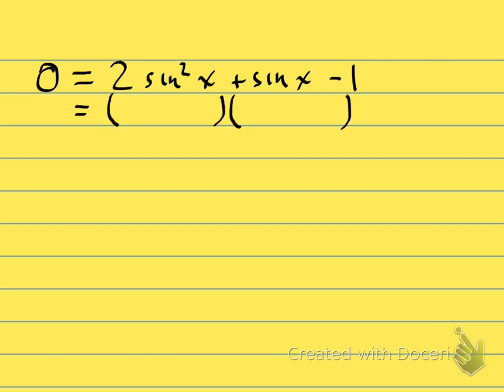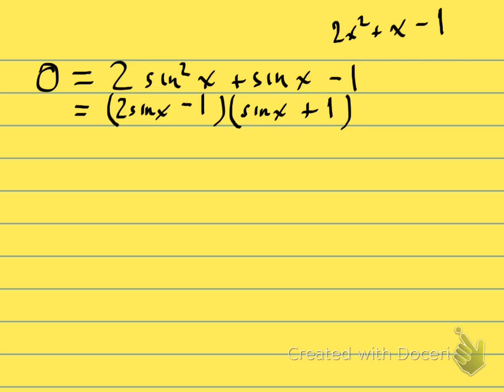And doggone it, that really is a rather simple quadratic form. And if you factor that expression just as if it was something like 2x squared plus x minus 1, it turns into 2 sine x minus 1 times sine x plus 1. So now we're back to where we were before.